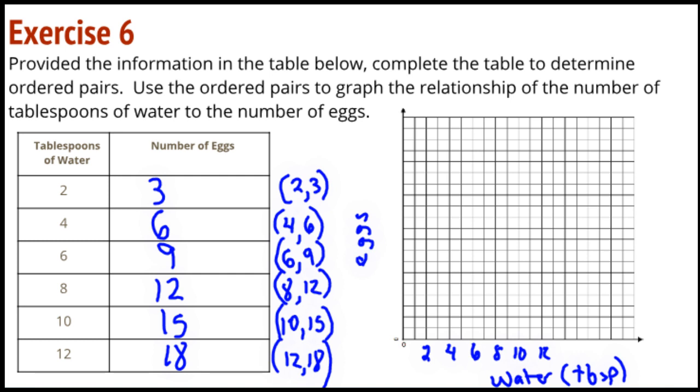And I think for the eggs, what shall I count by? Yeah, I think I'm just going to do 3, 6, 9, 12, 15. Yeah, that'll be okay. I can do it a lot of different ways.